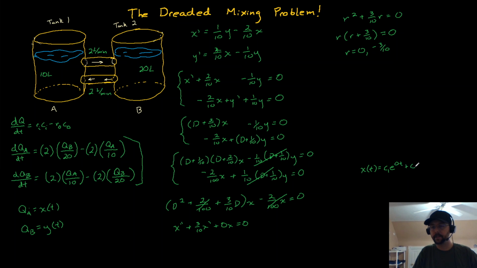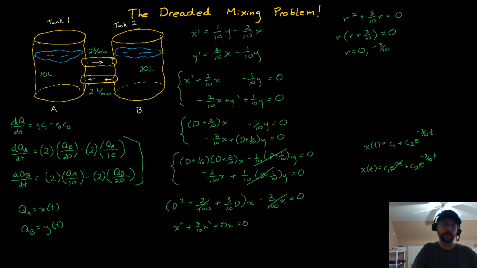Plus c2 e to the negative 3 over 10 t. I can't delete that very easily, so let me just write it above it. So obviously this goes to 1. So what we have is x of t equals c1 plus c2 e to the negative 3 over 10 t.